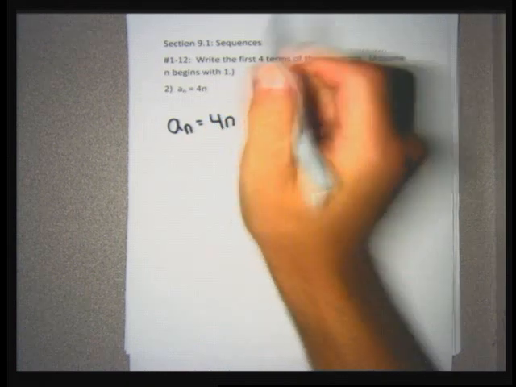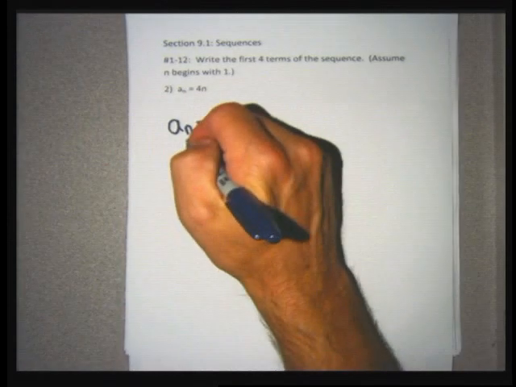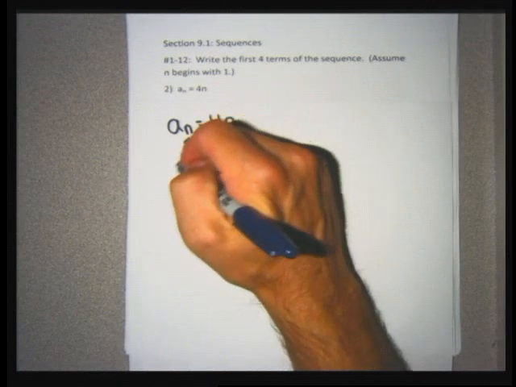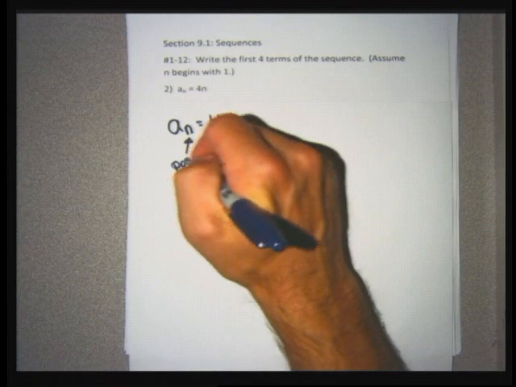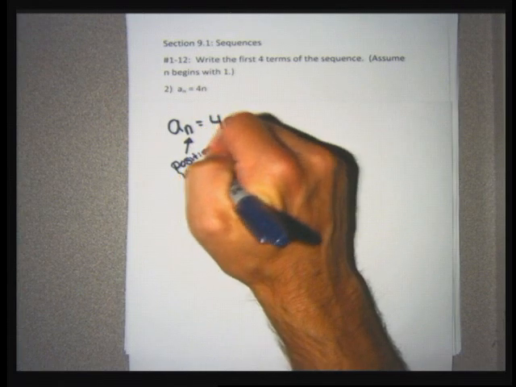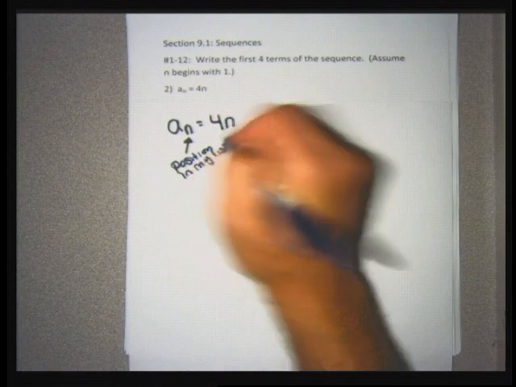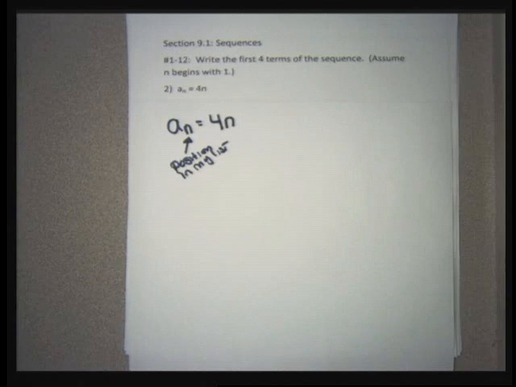This is supposed to be a rule to allow me to list any of the items in the list. And very specifically, the subscripted n here would give me the number or the position in my list of the number. And I'm allowed to put any positive integer in for n or any natural number in for n.